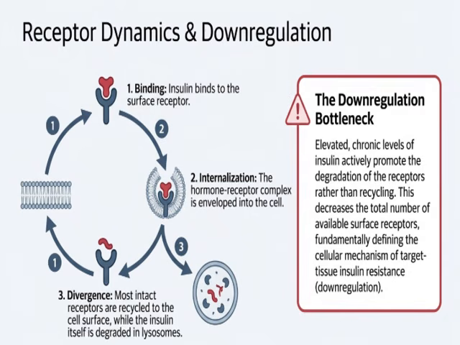Crucially, if the insulin levels stay high for too long, as seen in chronic hyperinsulinemia, the cells may degrade the receptors rather than recycle them, and this downregulation bottleneck is a fundamental cellular mechanism behind target tissue insulin resistance.